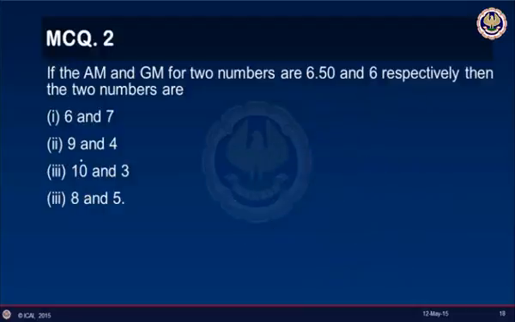Now MCQ number 2: if the AM and GM of two numbers are 6.50 and 6 respectively, then we have to find the two numbers. First, AM of two numbers is (A plus B) by 2, equal to 6.50.